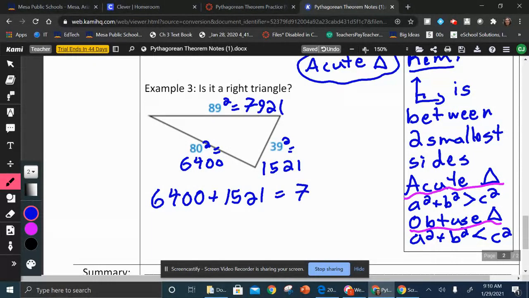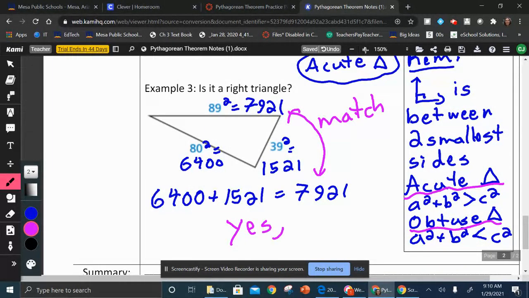We get 7,921. So there is a match. So yes, it's a right triangle. Okay, everybody, you got this.